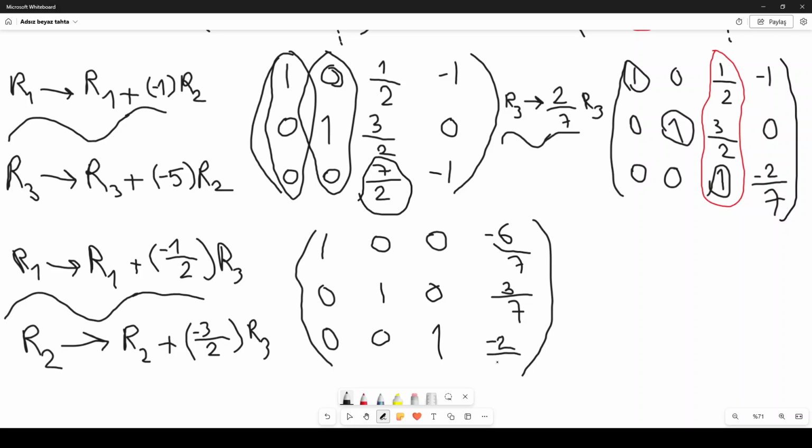That's what we obtained. Okay, now what are we gonna do? We check to see if it is in the reduced row echelon form. In other words, have we reached our goal? Let's see.